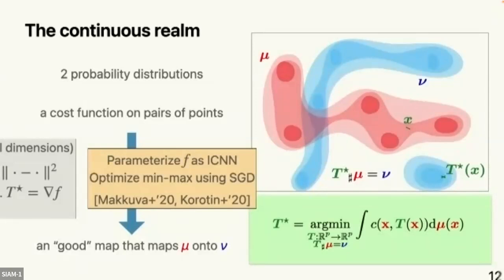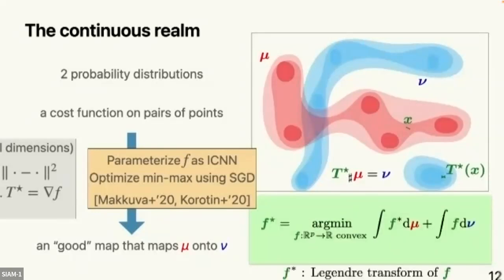This was used by Makkuva and co-authors, and Korotin and co-authors, in 2020 to propose a clever scheme to parameterize those convex functions in this Monge problem. I will detail a bit later how this works, but let me try to give you an idea of how this operates.